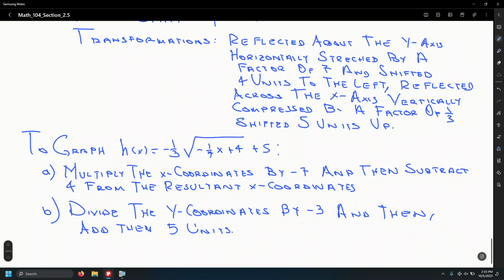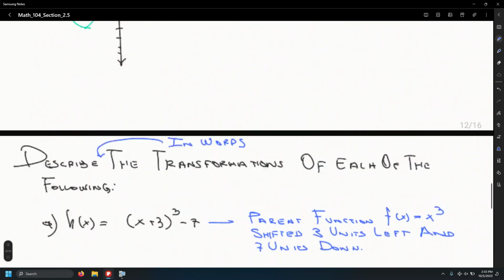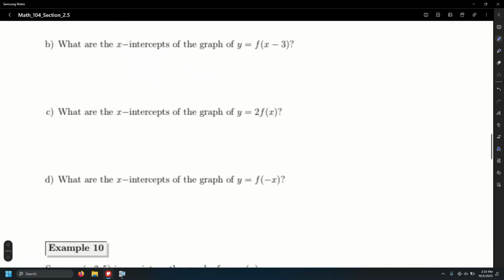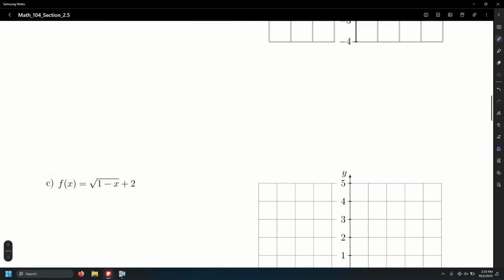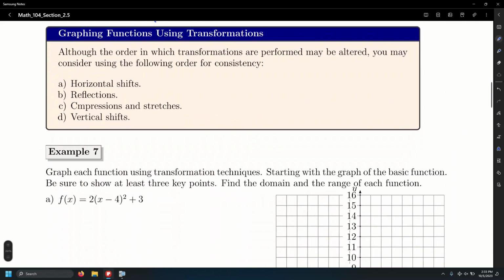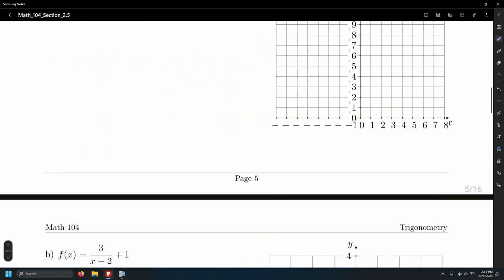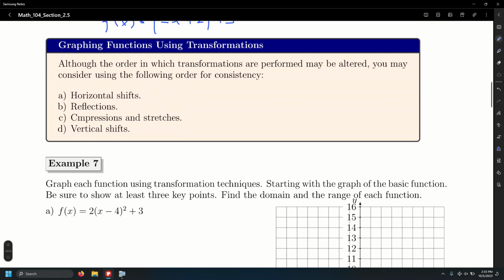All right? How about we put all this in action and we do one that actually we can graph without getting too crazy numbers. All right, so let's go back to page... what page is that? Okay, example number 7 on page 5. Graphing functions using transformation.